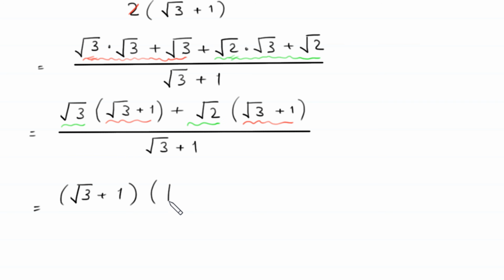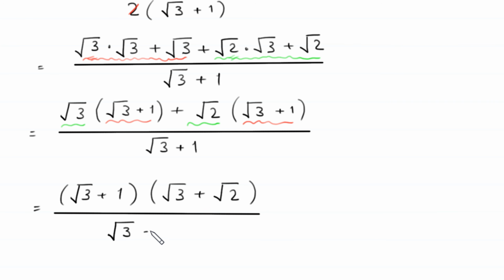In the bracket, square root of 3 plus square root of 2, divided by this square root of 3 plus 1. Now this square root of 3 plus 1 will be cancelled out with this square root of 3 plus 1, and we are left with only this expression, square root of 3 plus square root of 2.